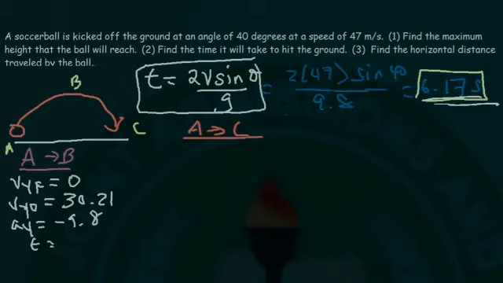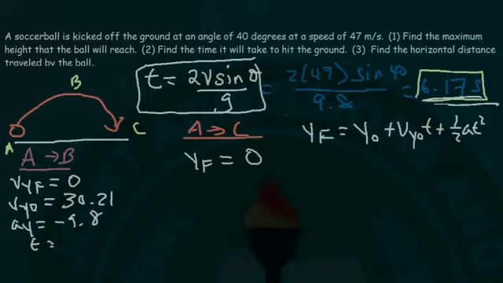So let's use this equation: y final equals y initial plus Vy initial t plus 1/2 at squared. So y initial is 0 because at point A, the position is 0 along the y-axis.